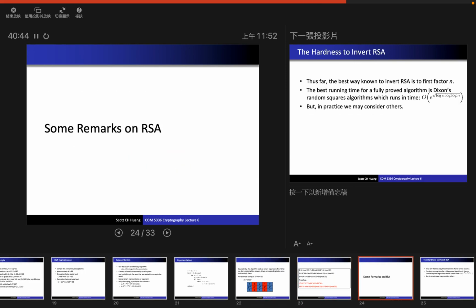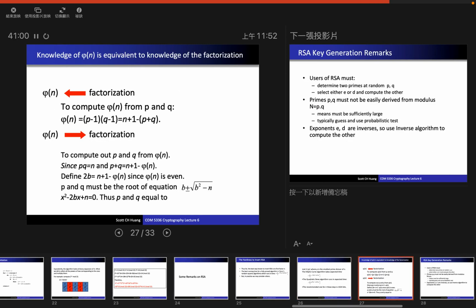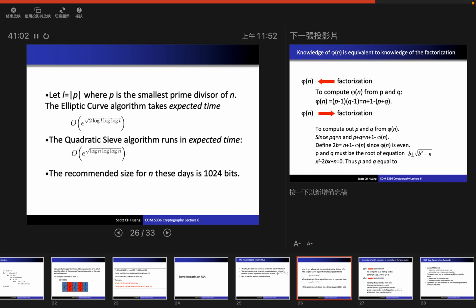Okay. Let's take a look at some remarks. The hardness of inverting RSA. How to crack RSA? How to attack RSA?